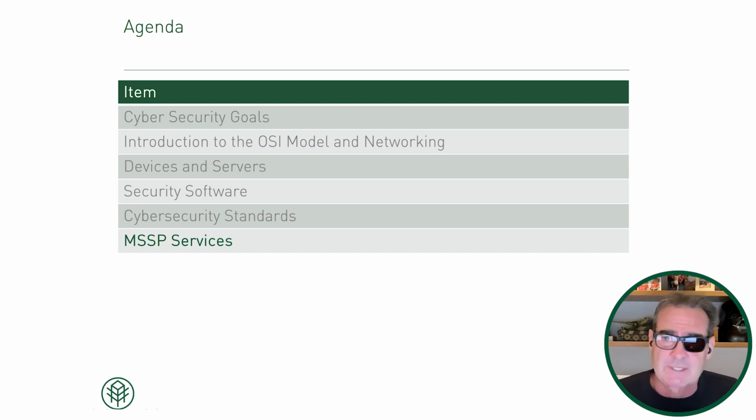So in this section, we're going to talk about managed security service providers. These are the sidekicks you can call in when you need a hand, or if you need to outsource the whole thing and you need a full team. Like I said, MSSPs are third-party experts who can help manage, monitor, design, and optimize your security stack. So if you don't have a team of world-class cyber wizards in-house, it's a good idea to talk to a partner.